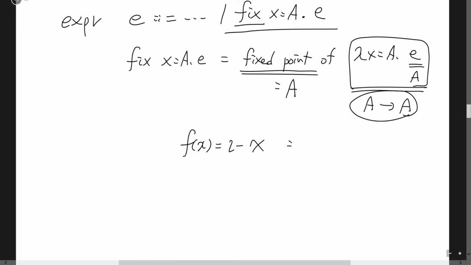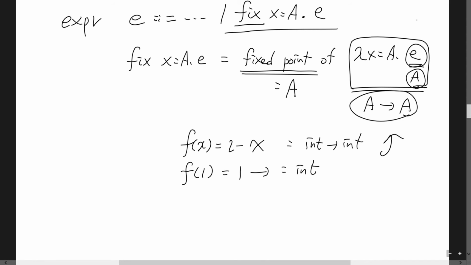We can think of this function as having type integer arrow integer, and f of 1 is 1, so 1 is a fixed point of type int. Similarly here, this expression E is going to have a type A, so the whole lambda abstraction has a type A arrow A, and therefore its fixed point is going to have a type A.